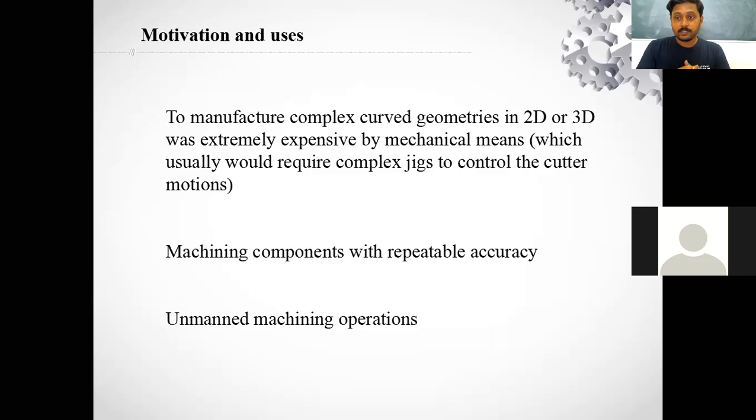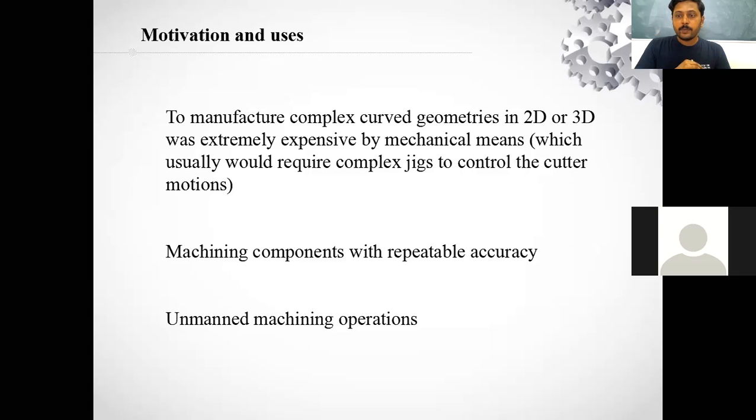To cope with this, they required some machine or technology to help them. So CNC machines evolved from that, and now two-dimensional or three-dimensional machining is also possible using CNC machines.